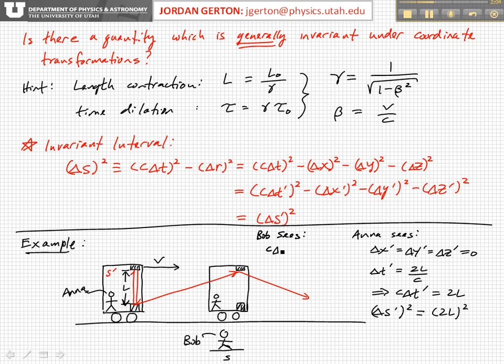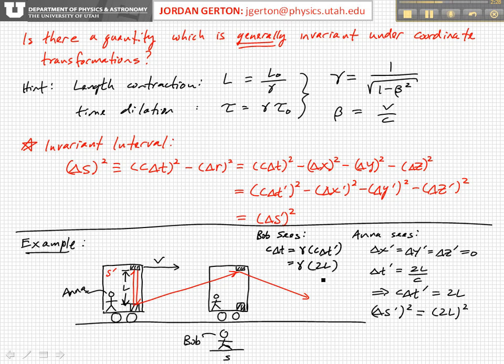Okay, so for Bob, c times the time interval between the emission and detection events is equal to gamma, basically this expression up here, gamma times c delta t prime, which is just equal to gamma times 2L.